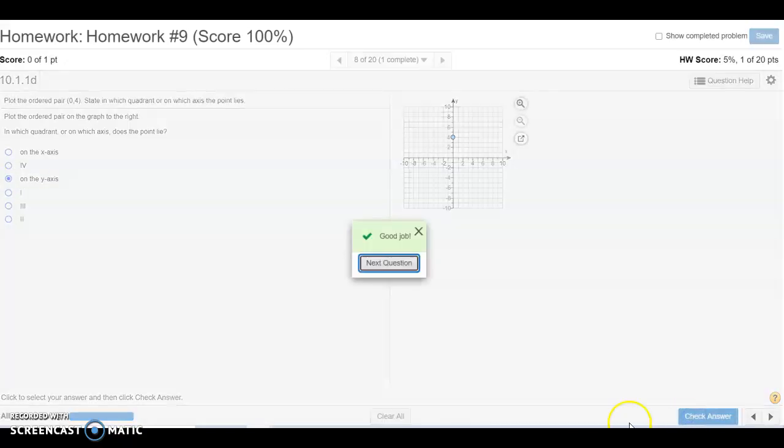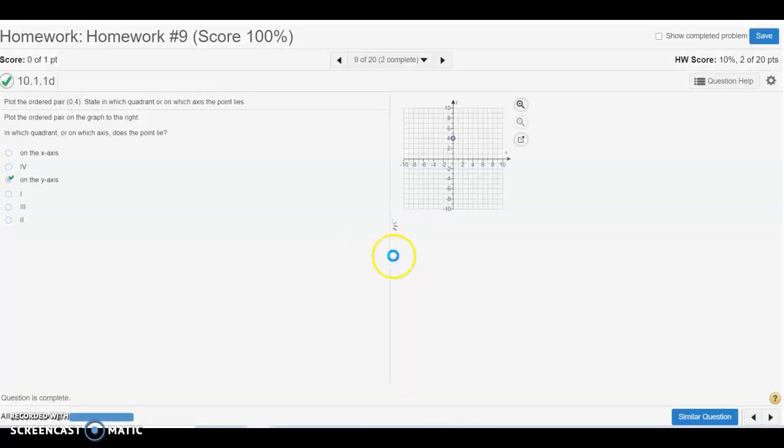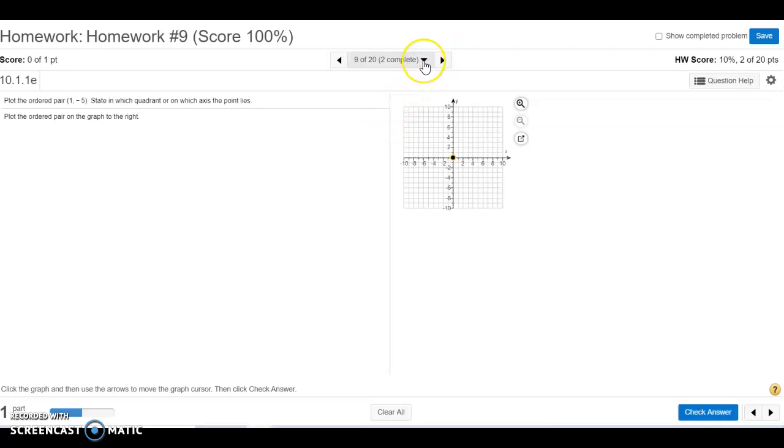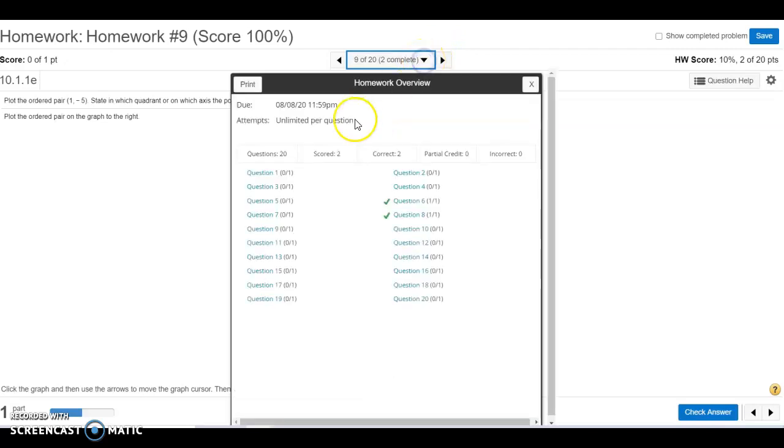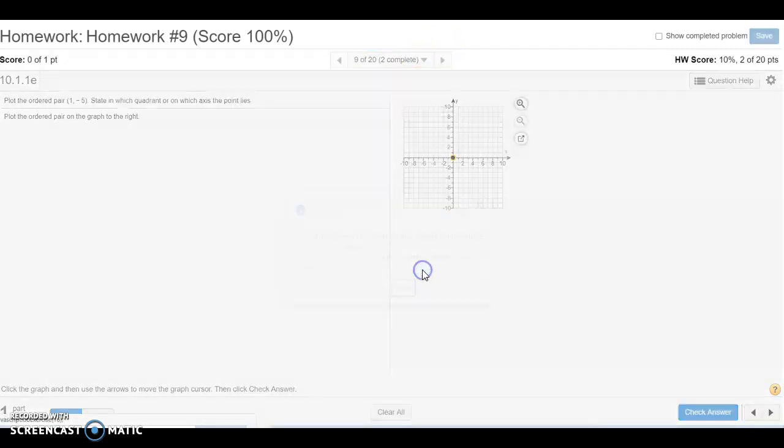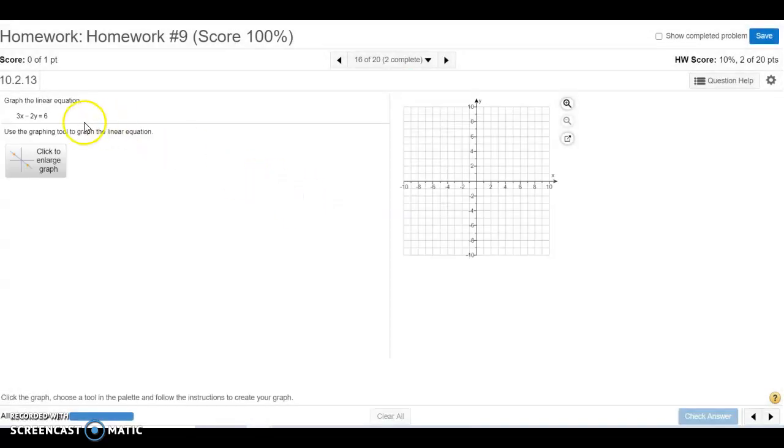Okay, to go to graphing some straight lines, I'll go to question 16. And here's an equation. I'm actually going to write the equation down.